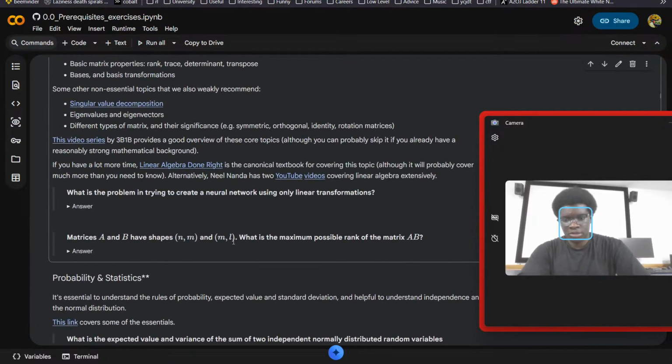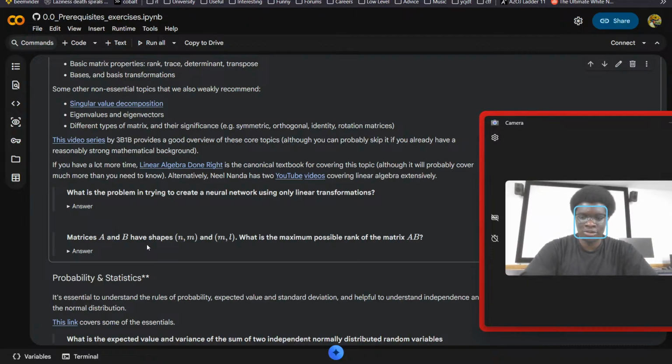Thinking about matrix A, if we say that M is bigger than N, then since the number of independent rows and columns has to be equal, the number of independent rows can be at most N, because N is the number of rows. Therefore the number of independent columns can be at most N. A similar argument holds for B, and we also know the rank of the product is at most the minimum of the ranks of the two individual matrices.